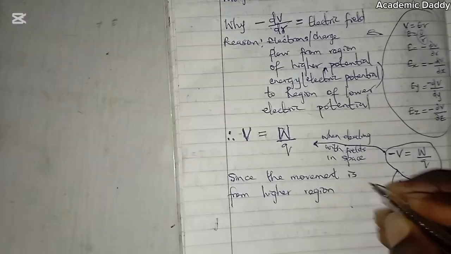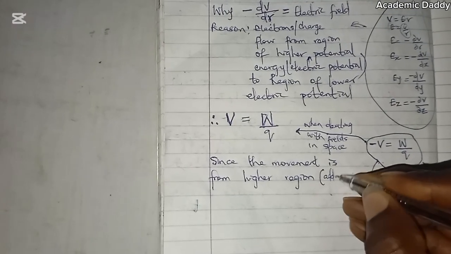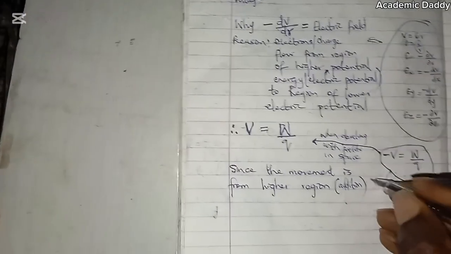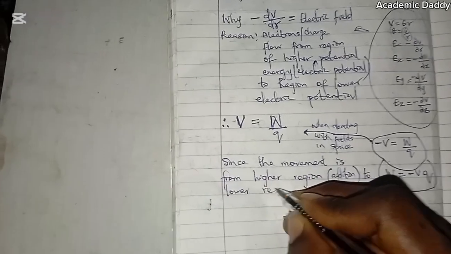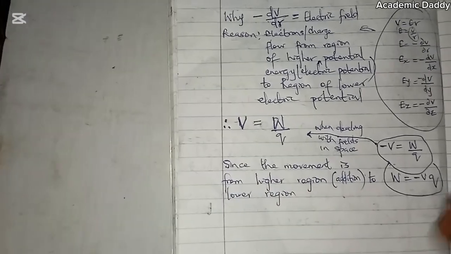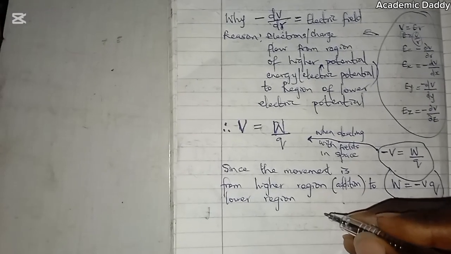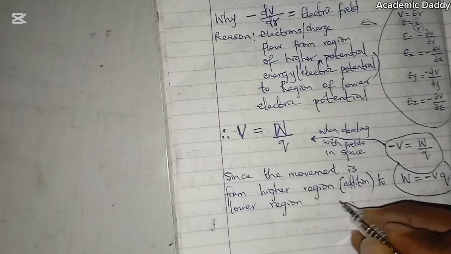You know that the higher region is like addition. If you have something like a 3 in the higher region, it will not go to -1, -2, -3. If something is 3, you minus 1, it moves to 2, moving to 1, till it reaches equilibrium.